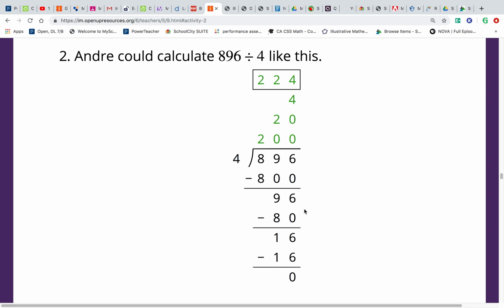After he subtracted 800 from 896, he has 96 left over. And then he breaks it into 4 groups of 20. That accounts for 80. And then 4 groups of 4 is 16, right? So the difference here is 16. And once he gets the 4 groups of 4, he accounts for all of the values. He gets to no remainder. And so he gets 224 through that method. All right.